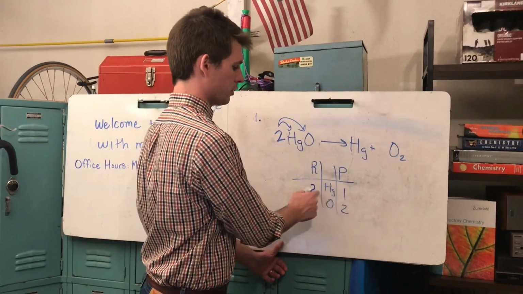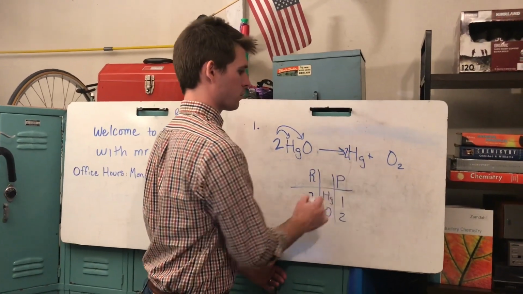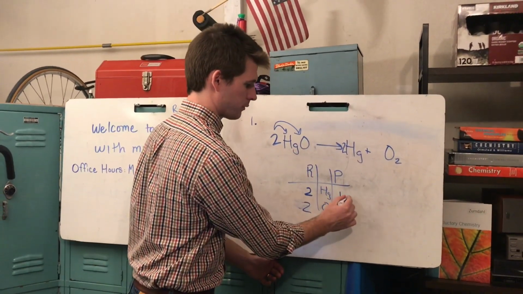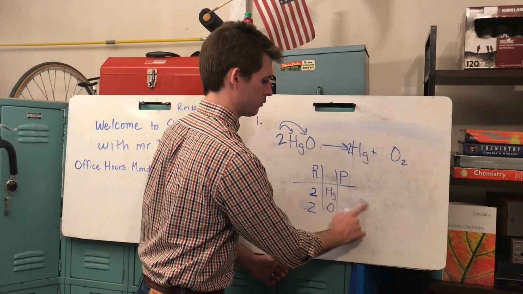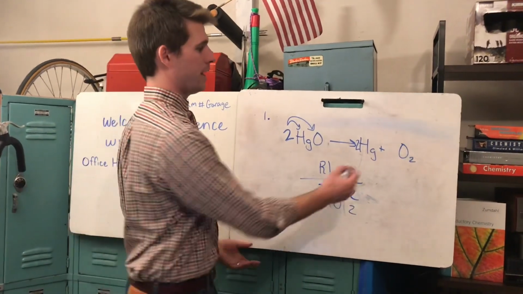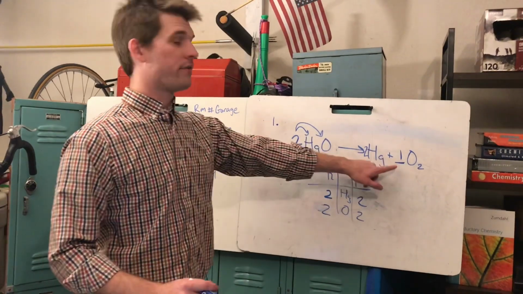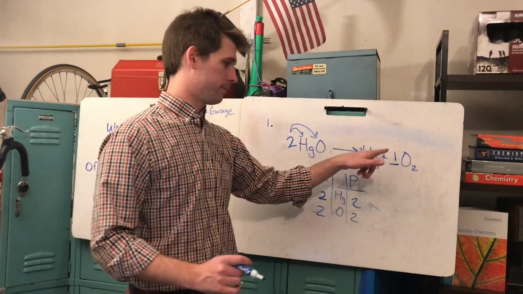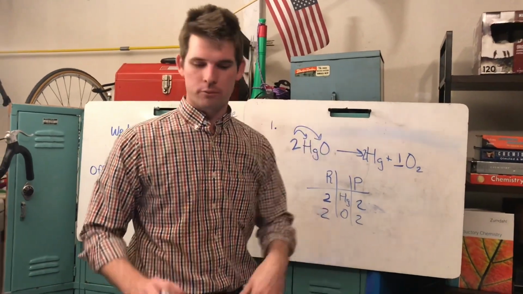So I need to make sure mercury is balanced on both sides. So I'll put a 2 here as well, because 1 times 2 equals 2. And then we're happy, and we balanced it. Great job, everyone. If it's blank, that means it's 1. Okay, just so you know, if it's blank, it's not a 0, it's a 1. Cool. Any questions? No? Okay, we'll move on.